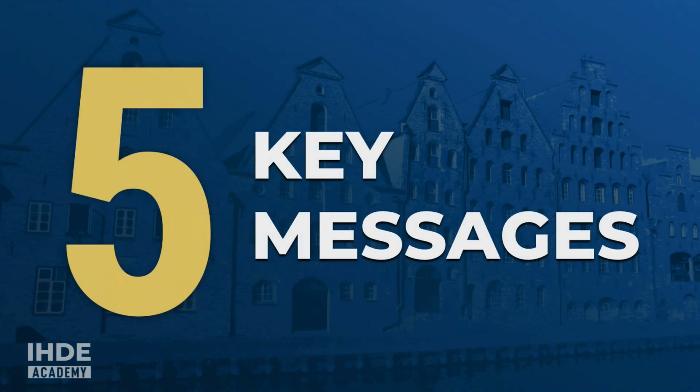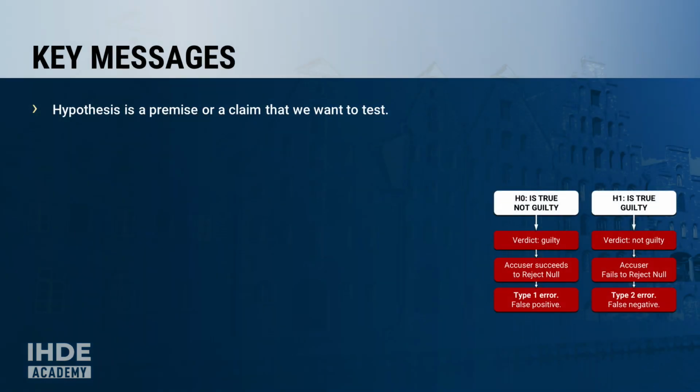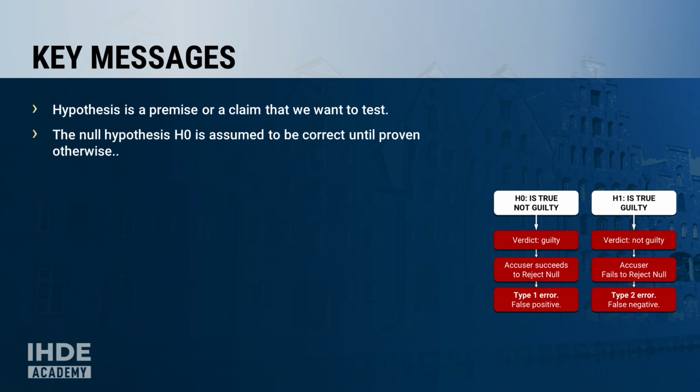So that's a lot of information. Therefore, I will summarize the 5 most important key messages again. A hypothesis is a premise or a claim that we want to test. The null hypothesis is assumed to be correct until the alternative seems more likely.